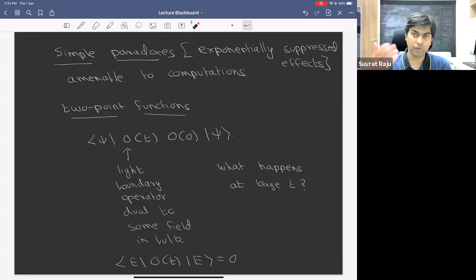So if you hit the geometry at some point and you go to a later time and try to measure how much energy is left, that energy is much smaller than the energy that you inserted initially. And in fact, it dies off as e to the minus kt from a naive bulk computation.